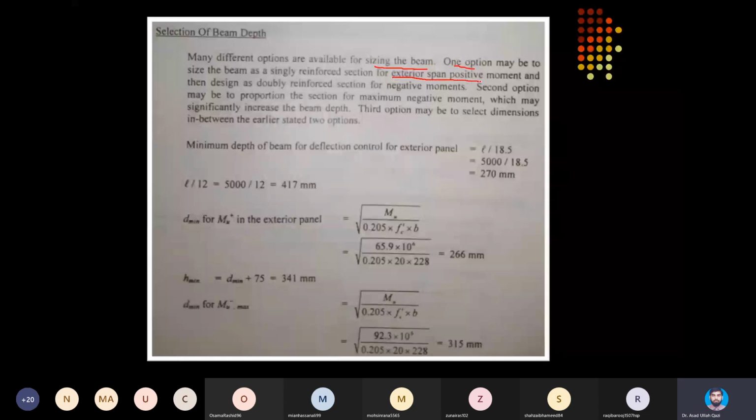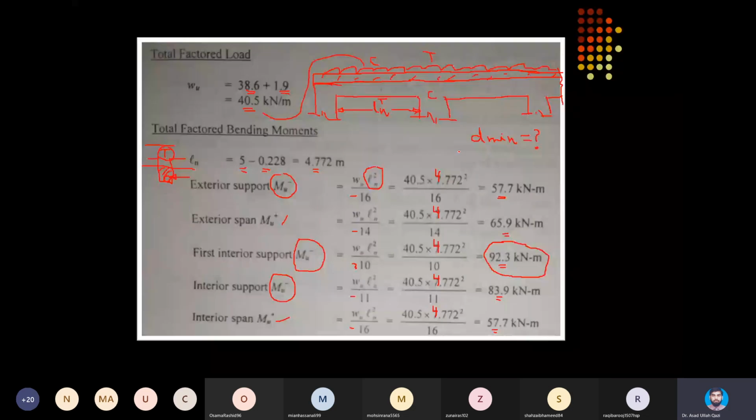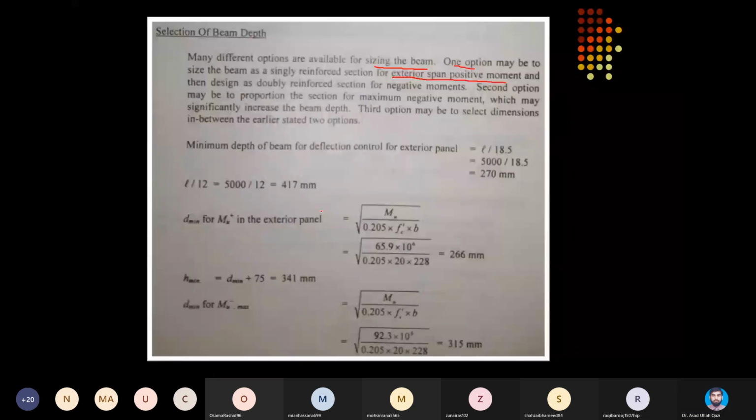Exterior span positive moment means that you intentionally are sizing the beam based on the moment which is 65.9. So based on the 65.9 you are calculating the D, and in this D further you will add the cover to get H.